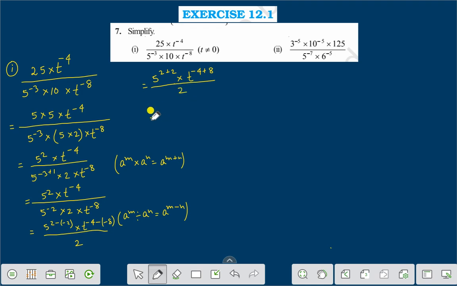Therefore, we are getting 5 to the power 2 plus 2 is 4, into t to the power minus 4 plus 8 is plus 4, by 2.